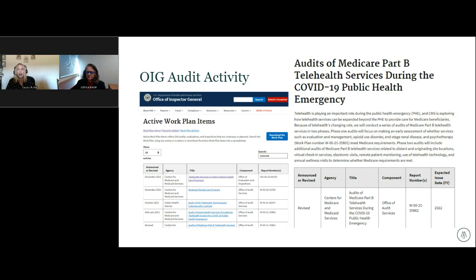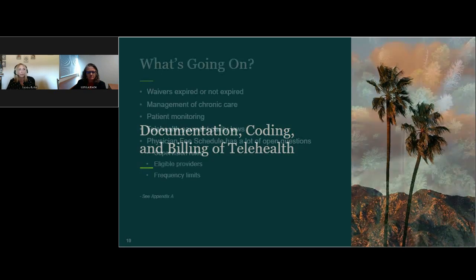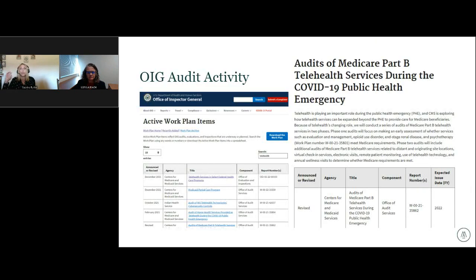So, OIG audit activity. The majority of us in healthcare have really paid attention to that July 22nd fraud alert. That fraud alert gave us some characteristics that we should be looking at for fraud schemes in our relationships as healthcare entities.